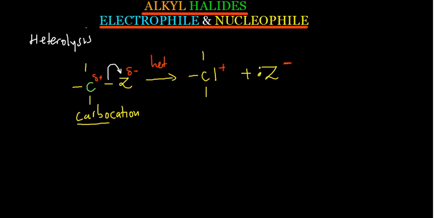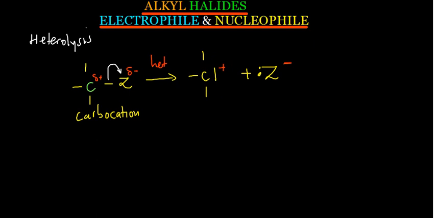So the reason as to why we are saying that is because this is a carbon atom which is positively charged. That is a cation, it is positively charged. So this one is a carbocation. So we are saying that in an electrolysis reaction, it is going to lead to either the charge on carbon being a carbocation, as we can see, or others would say. So the charge can either be positive or negative.